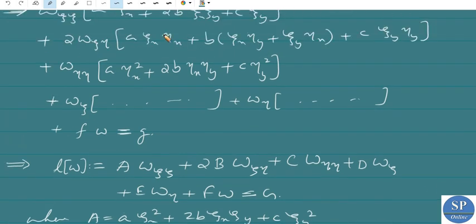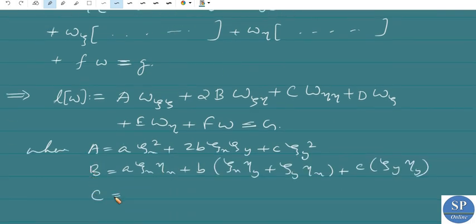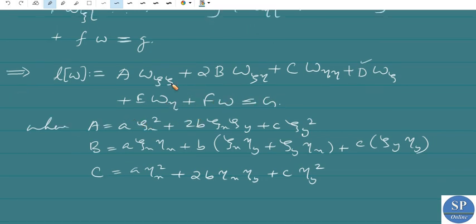So this is B, and C is the coefficient of w_ηη, that is C equal to a into η_x square plus 2b η_x η_y plus c η_y square. So these are A, B and C. We don't need to find the coefficients of w_ζ, w_η and so on, that is D, E, F, G, because to find the type of this PDE we only need to find A, B and C.